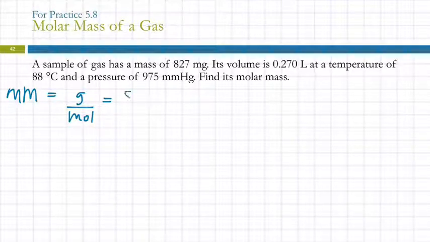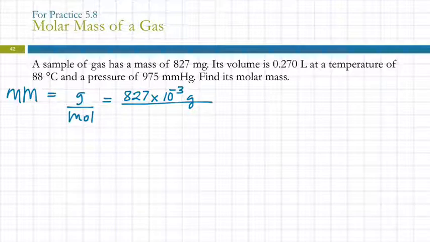Well, this is 827 milligrams. Instead of writing milli, I could write times 10 to the minus 3 grams. This is not correct scientific notation, but the calculator's going to understand it, and it's going to work just fine. Or you can actually do the whole thing, and it'd be 0.827 grams. Divide by the number of moles.